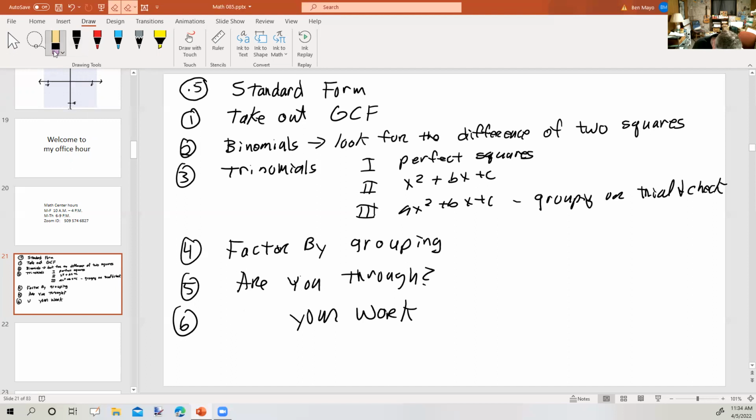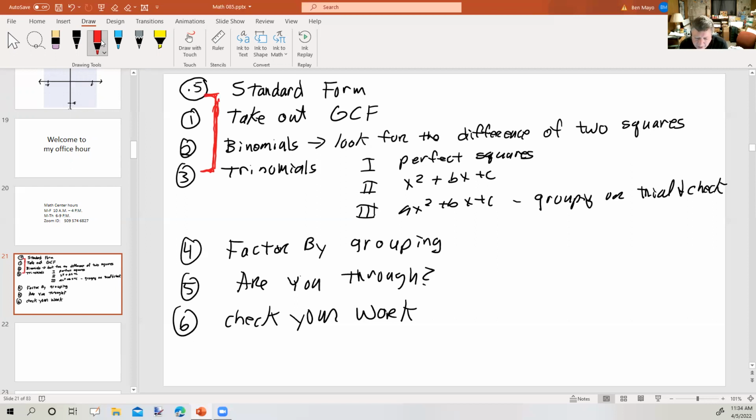We'll just go ahead and write check. All right, so this is a list. It's important to follow the order of it. I'm going to add this little arrow thing here. It's not really an arrow, but standard form is important if you're dealing with a trinomial or larger.